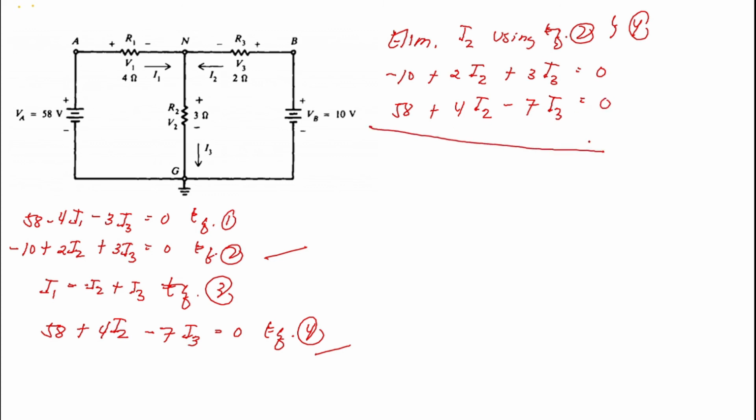Now, paano mo ngayon mai-eliminate yan? Si I2. Na si I2 is 4 and then yung isa is 4 and then yung isa naman is 2. Gagawin mo yun dyan, kukunin mo yung it's either the least common denominator or the greater common denominator. So, pareho sila na mag-i-equal sila into eto, na si equation number 2, pag minultiply mo siya ngayon sa 2, mag-i-equal siya sa 4.